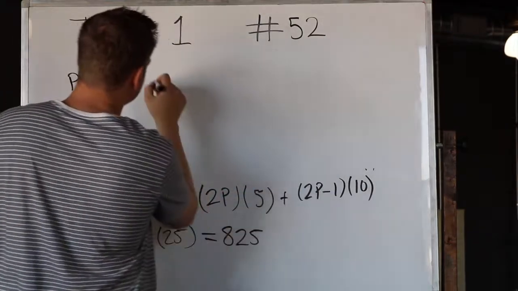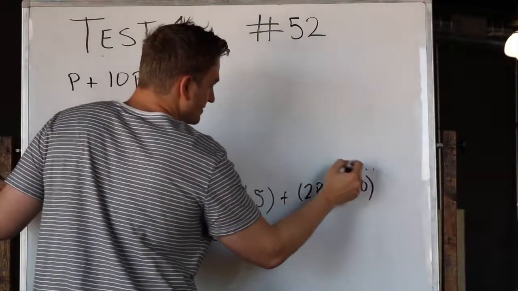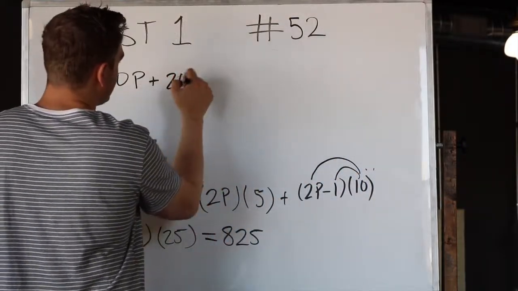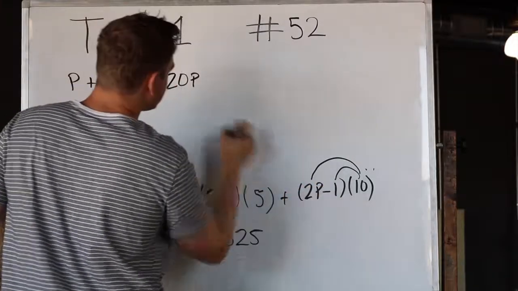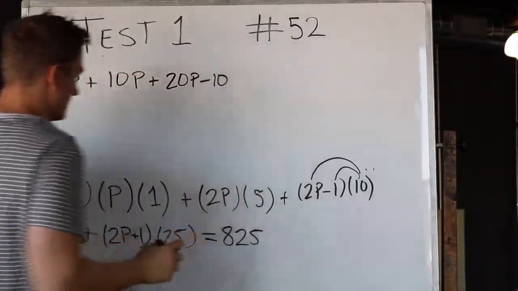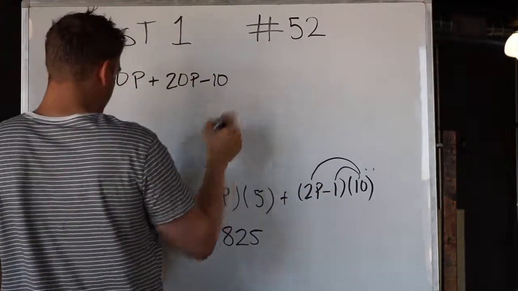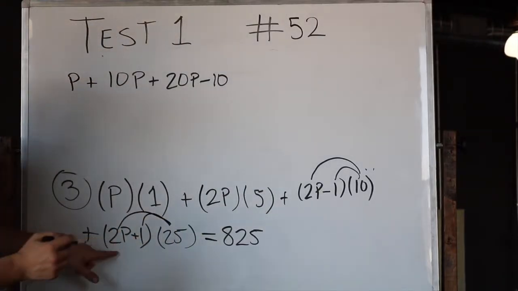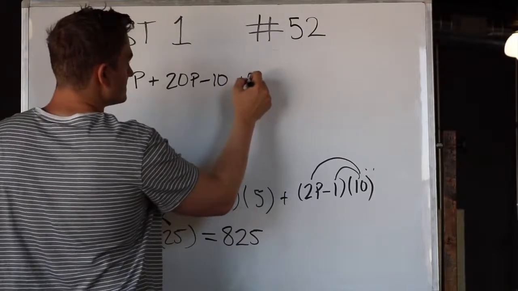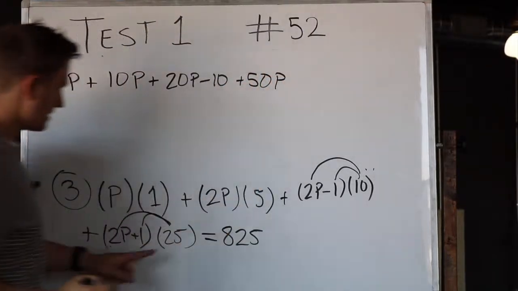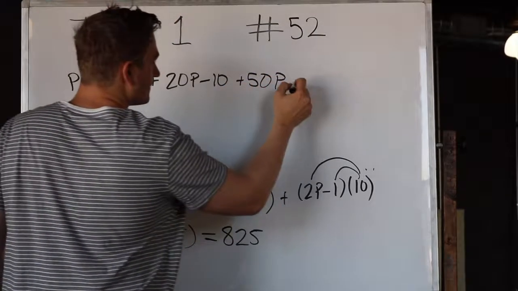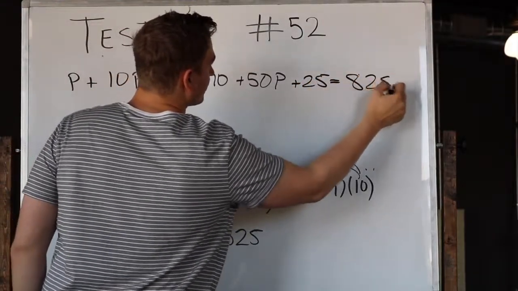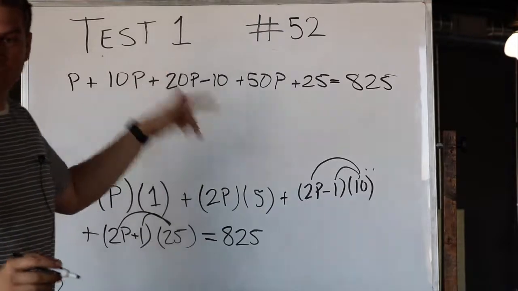Then, if we distribute this 10 through, we have plus 20P minus 10. Moving on down, 25, we'll distribute that through as well. So we'll have plus 50P plus 25 equals 825.